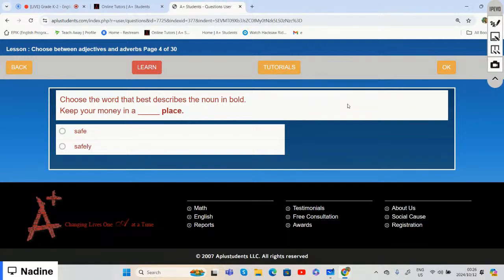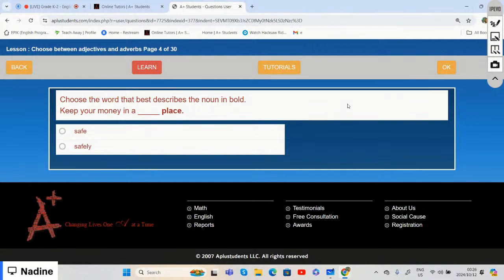It says, keep your money in a safe place, or keep your money in a safely place. Which one is correct?